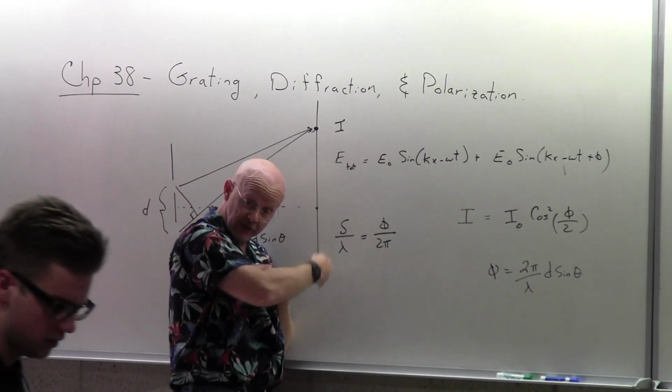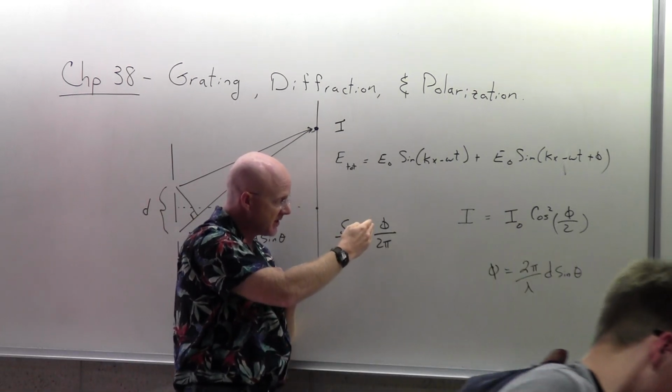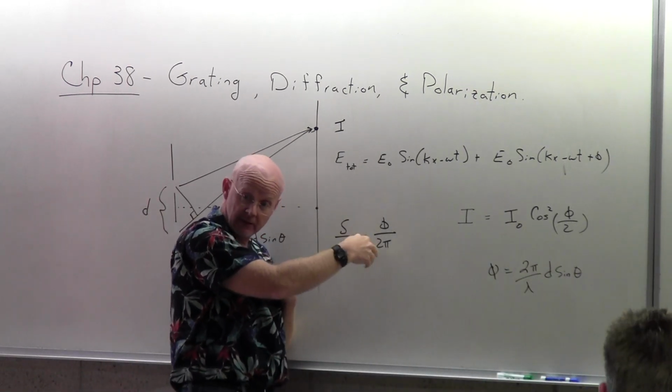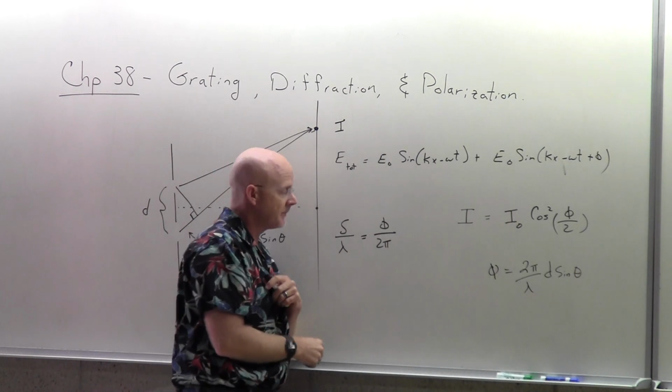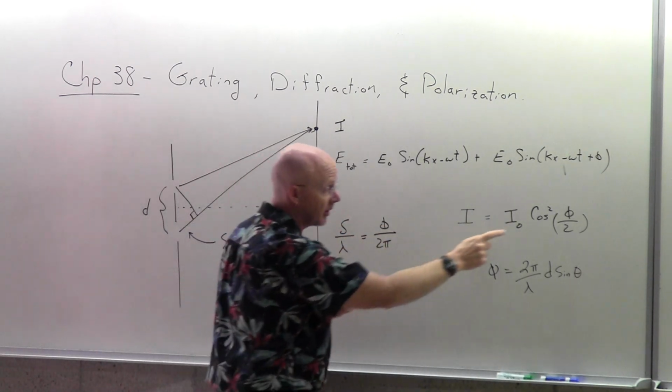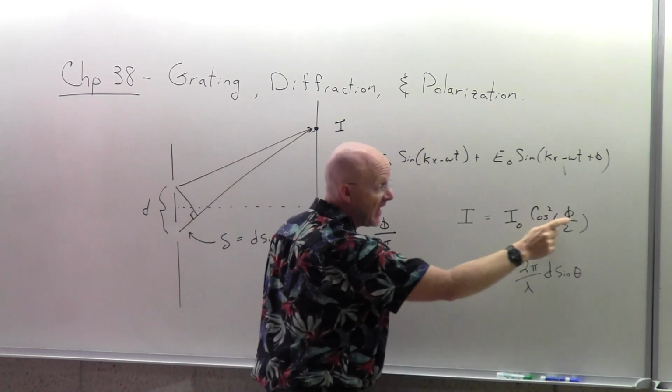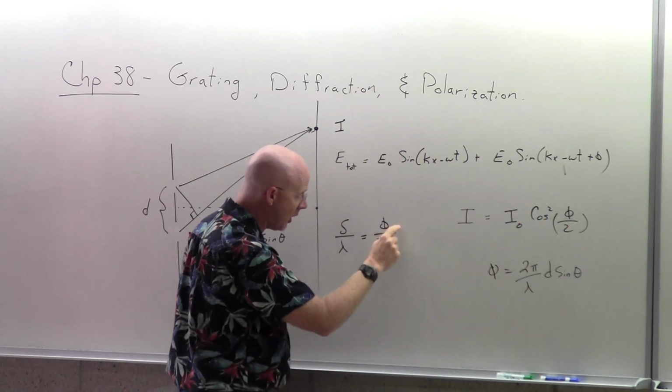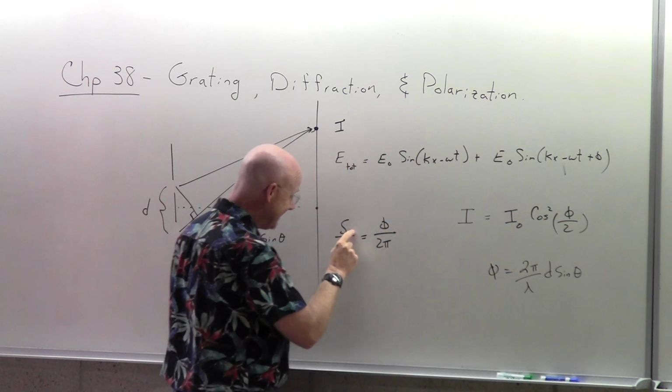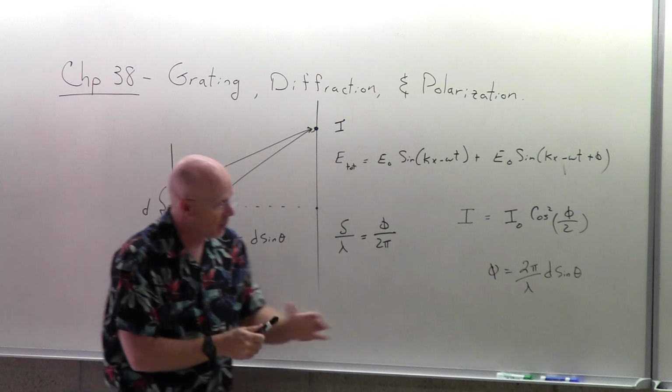So this is the physical distance. This is the mathematical equivalent in terms of phases. And that helps me work out how the phase between the two waves correlates to actual distance. That's really what I would want to know.